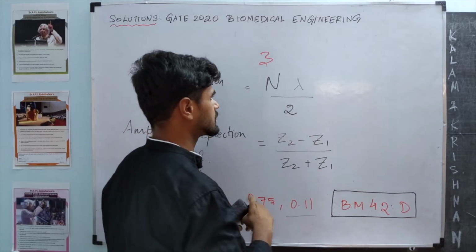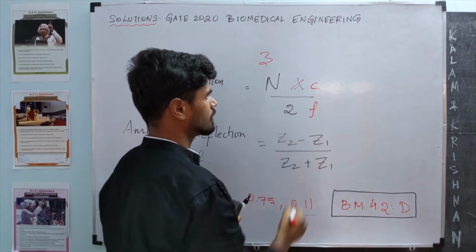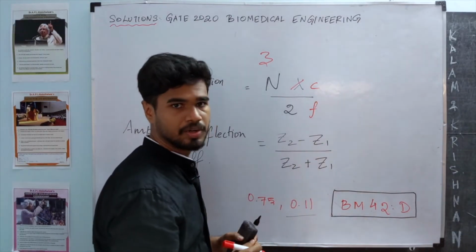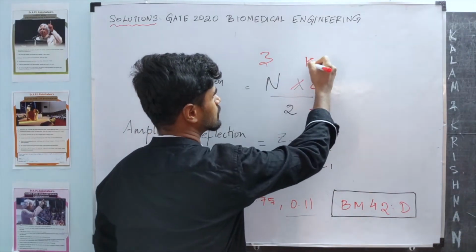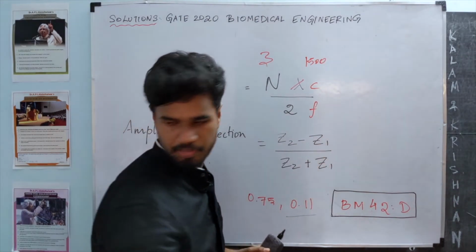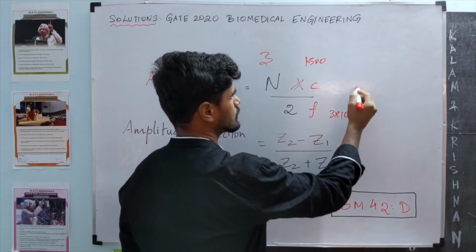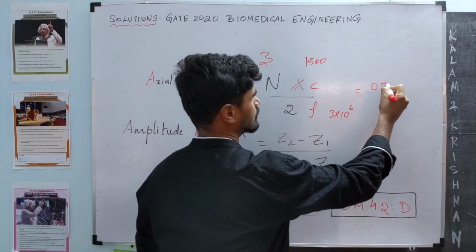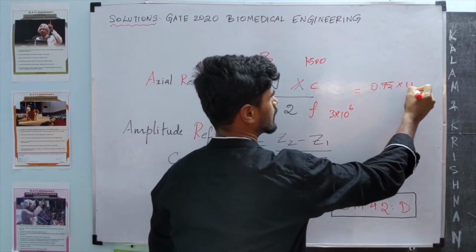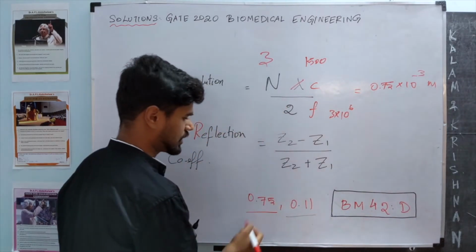So just convert this into C over F, where C is the speed of ultrasound in tissue. I think it's given as 1500 meters per second, and the frequency is 3 megahertz, right? So 3 into 10 power 6 hertz. So this gives 0.75 into 10 power minus 3 meters, which corresponds to 0.75 mm.